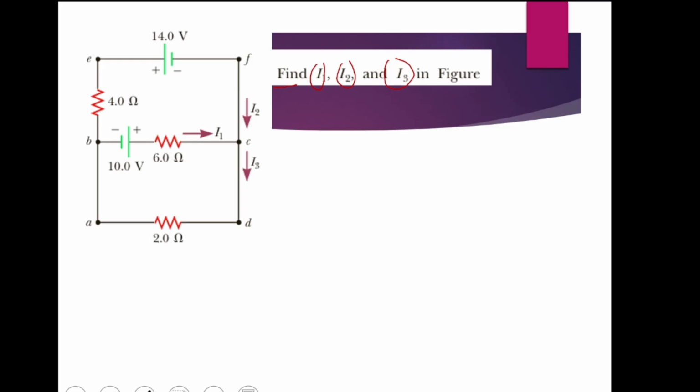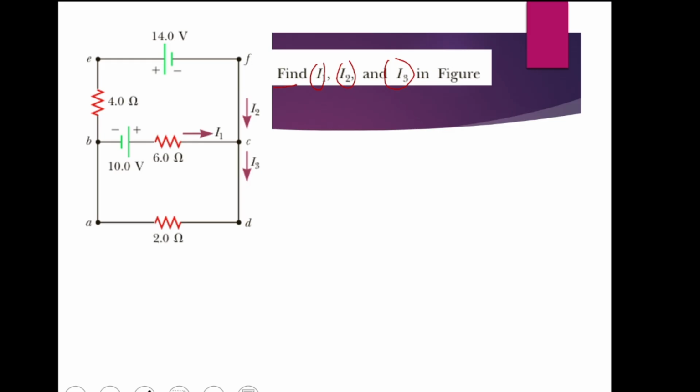It is two circuits joined together, so it's a little bit complex. We can use other methods like Norton and Thevenin circuit analysis, but Kirchhoff's law is very effective for this problem. Let's do this.